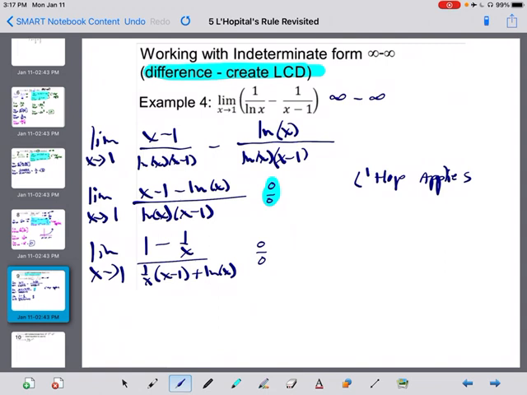Okay, and then what I'm going to have you do now is, again, write down the limit as x approaches 1 for both numerator and denominator, and just verify that L'Hôpital applies. And then I think I'll just take the derivative as I see it here.